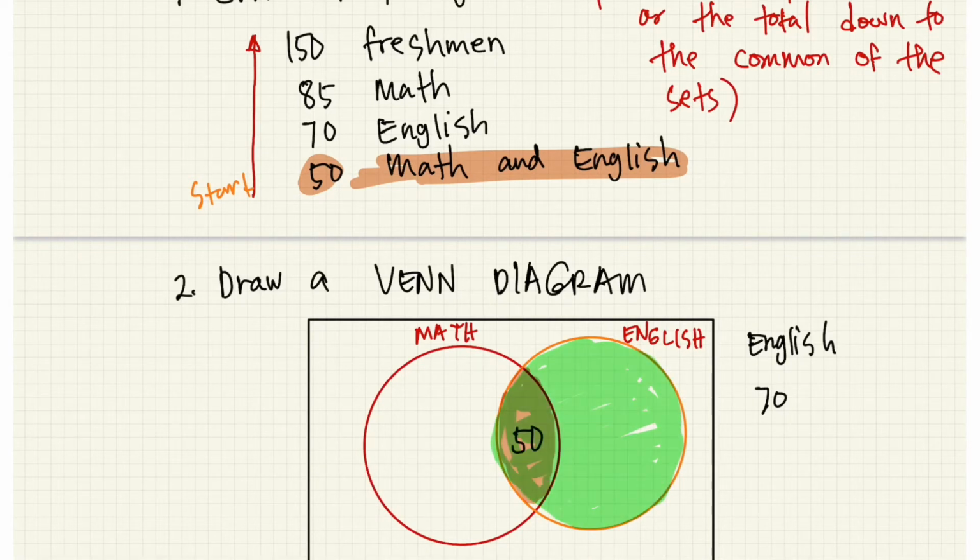As you can see, there's already 50 there. So we're going to subtract 50, and the answer would be equal to 20. So therefore this is 20. So when you add 50 plus 20, the answer is still 70 students.